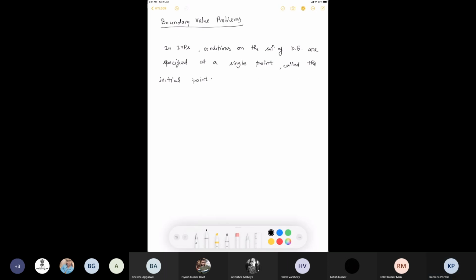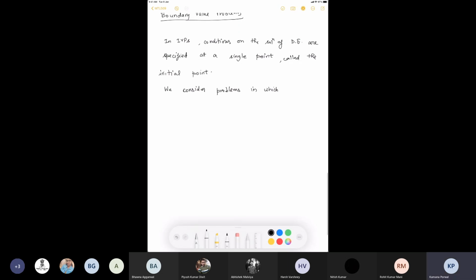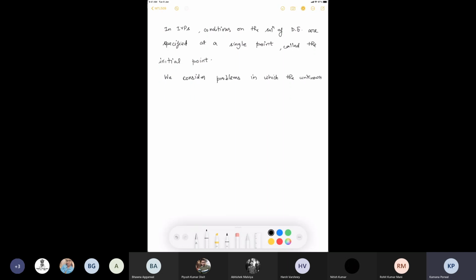Okay. So what are we going to consider now? We are going to consider the case where the unknown solution is prescribed at more than one point. When I write unknown solution, this is the solution of the differential equation, together with the conditions which we will have.